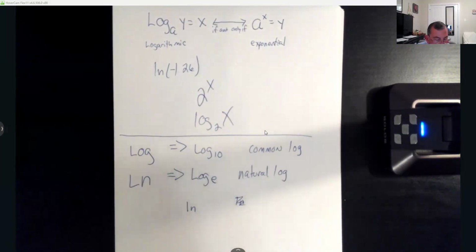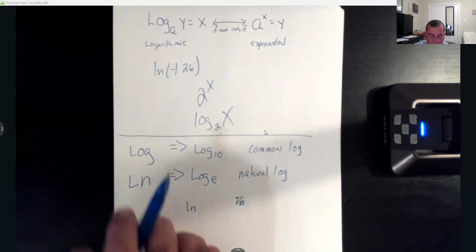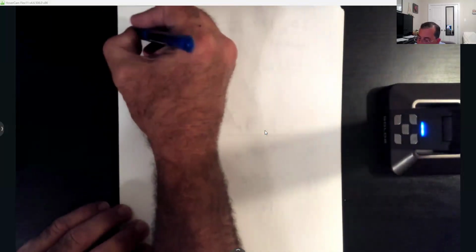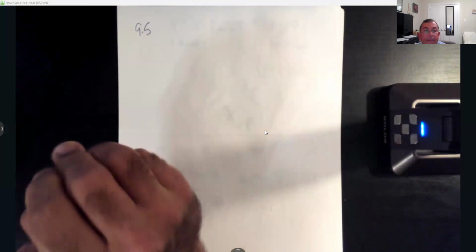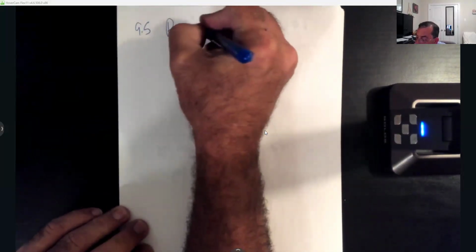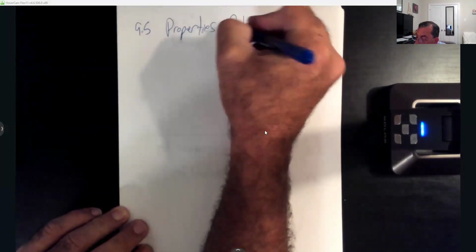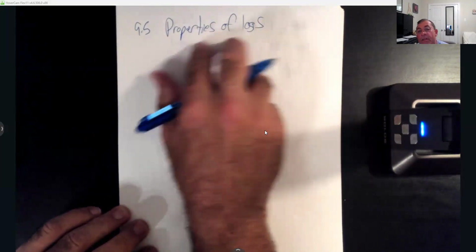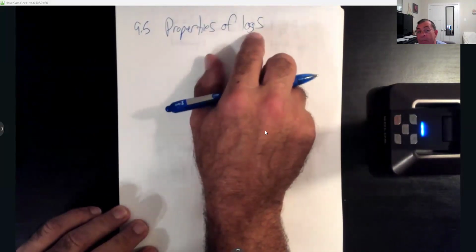All right, y'all, so what'll be coming up? Tomorrow we'll do 9.5. This is properties of logarithms. And these properties of logarithms, remember, logarithms are exponents.